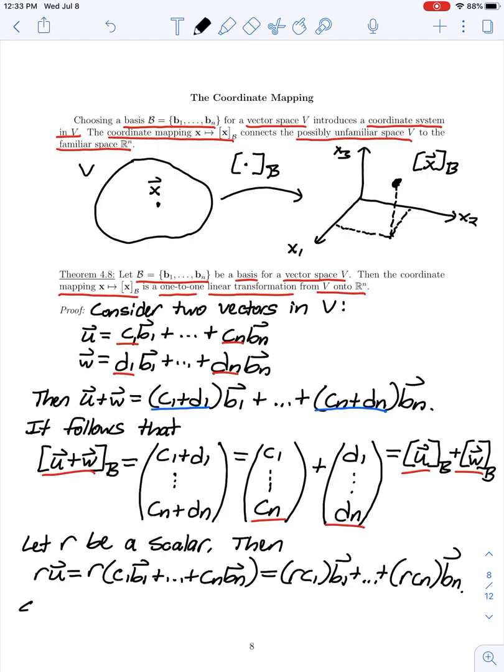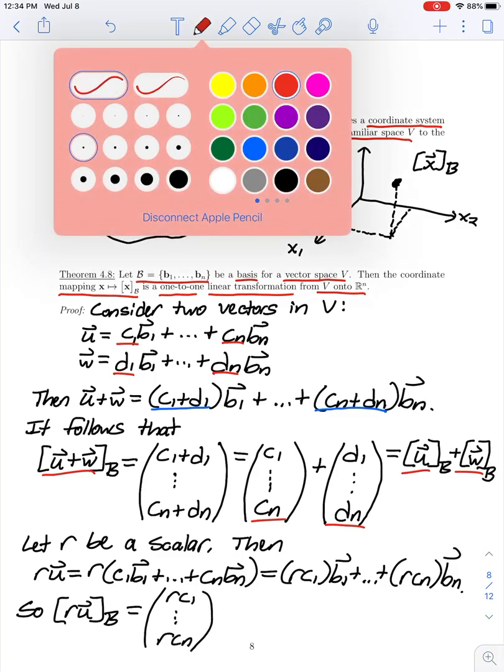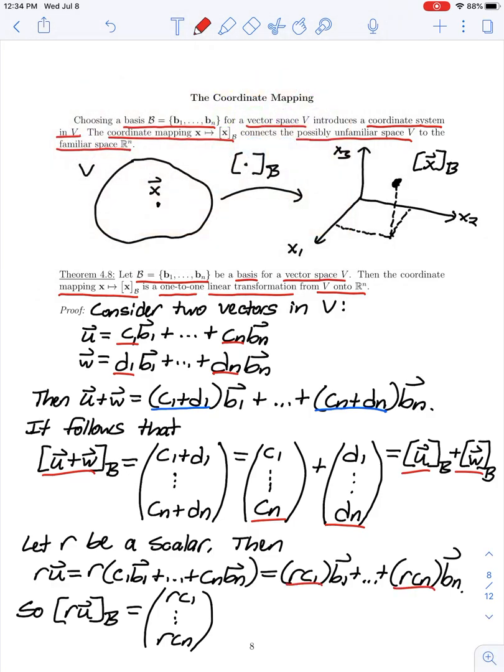So it follows that the coordinate vector for r times u relative to the basis B is the vector rc1 through rcn. We have those as the weights for this linear combination of the vector ru.